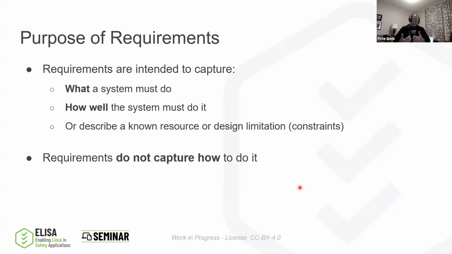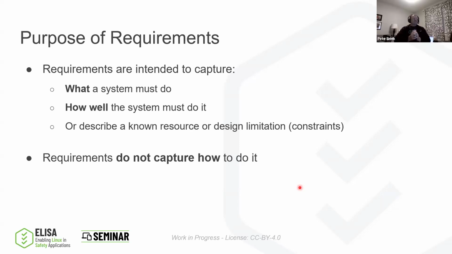So there's a whole host of different things that we can consider when we talk about how well. Most of the time, those are not really involved in the actual functionality of the system that we're developing. They are defining the constraints of the system as we know it. And they can be thermal, they can be physical, they can be mechanical, vibration. There's a whole bunch of different things that we can consider when we go through this.